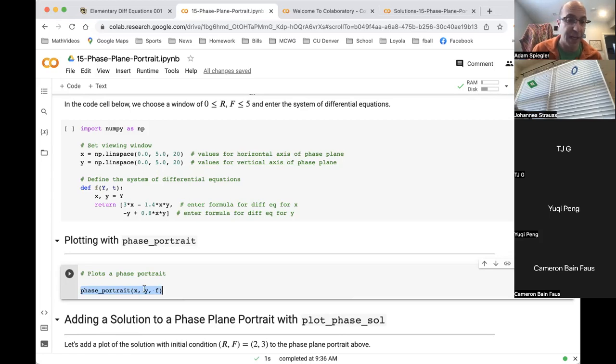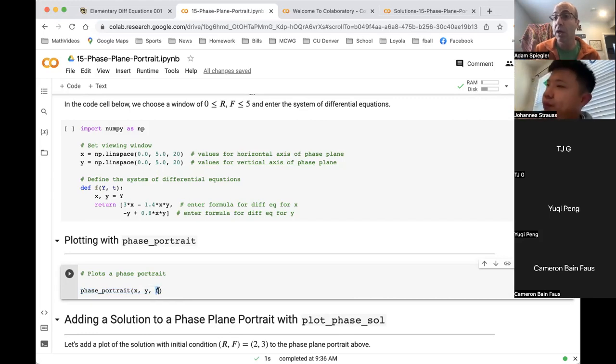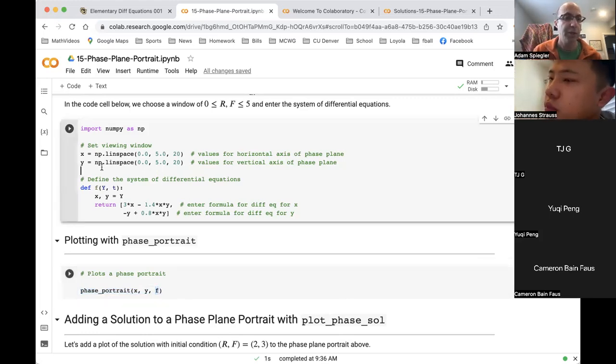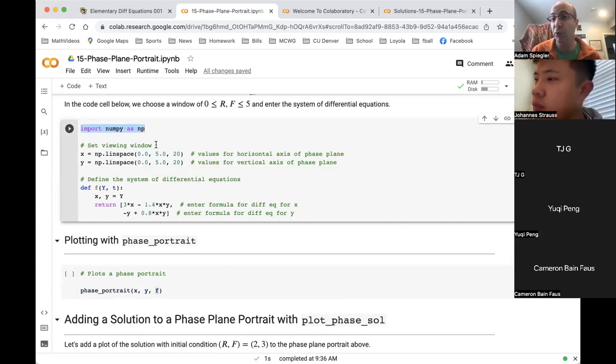Here, our function f is actually going to be a vector that contains two differential equations. Up here, we're going to define our range of values for x and y as vectors. That's why I've imported NumPy in this code cell.